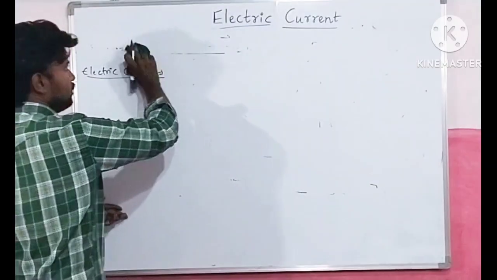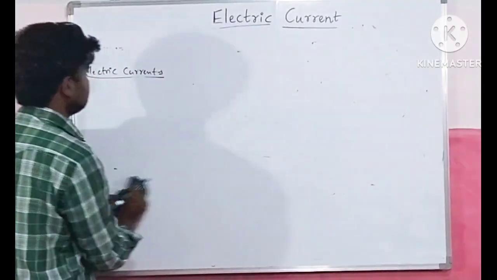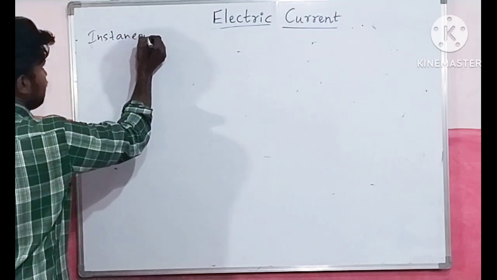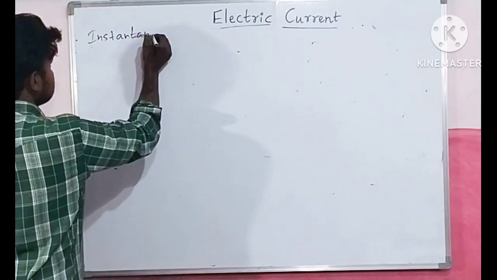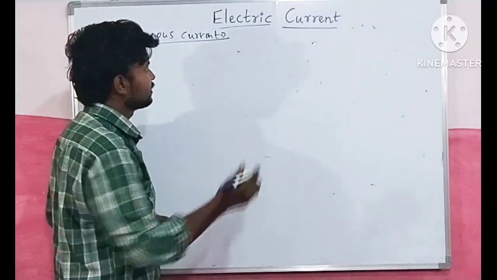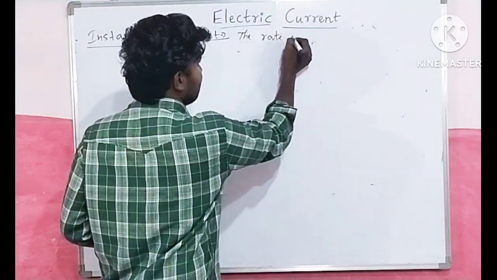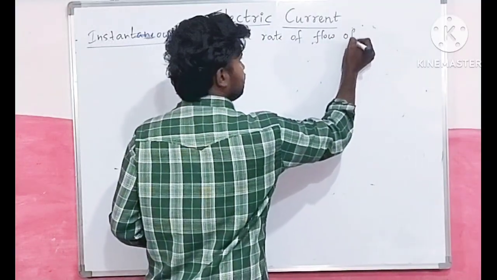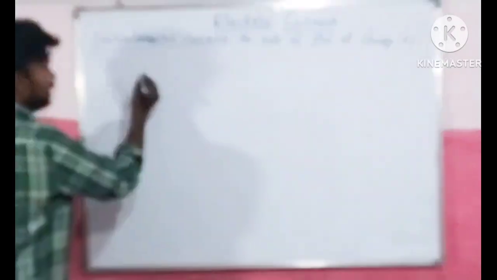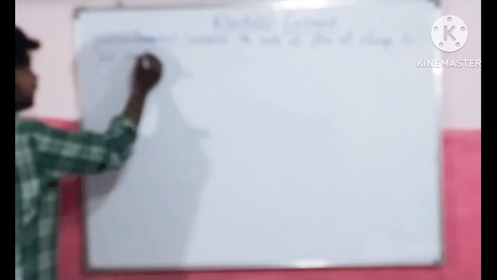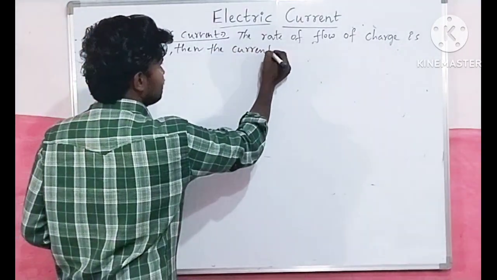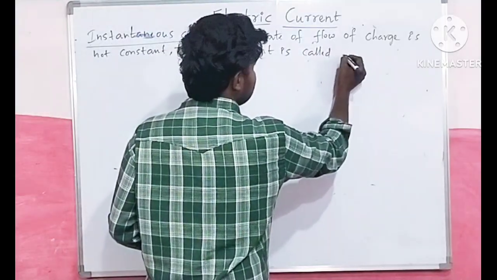When the rate of flow of charge is not constant, then the current is called instantaneous current.